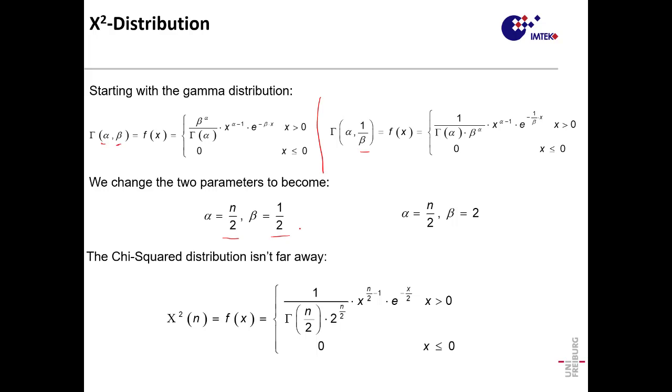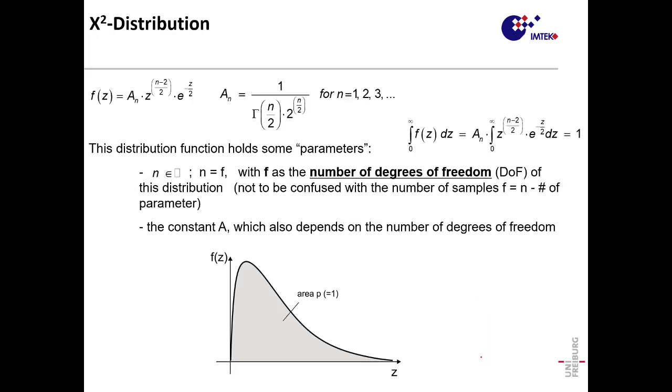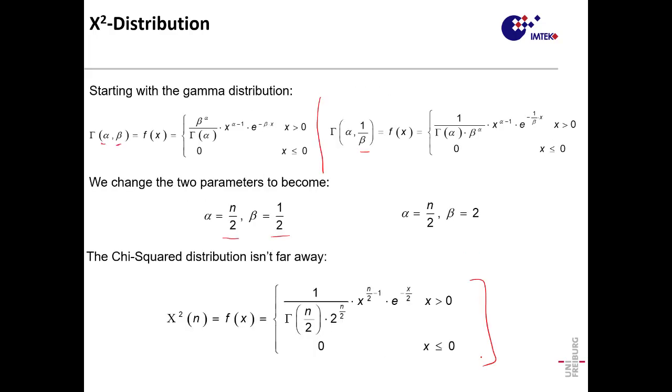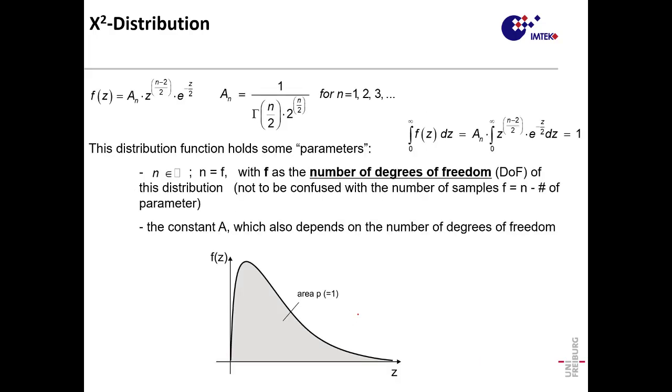N is not the number of data, it's the degrees of freedom. And we'll talk about this in a few minutes. Okay? Then this is your density function. You can make it easy if the constant part here, you call it A, and then it's easier for you to remember.